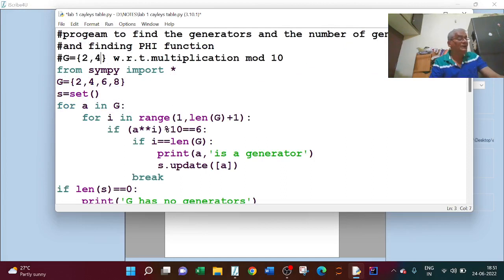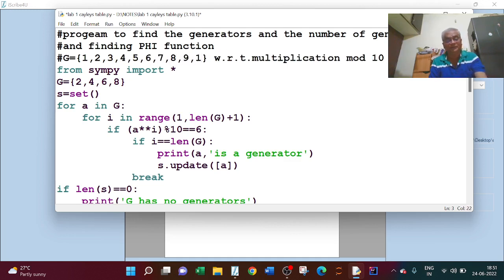One more example. 1, 2, 3, 4, 5, 6, 7, 8, 9, 10, 11, 12 with respect to multiplication modulo 13.